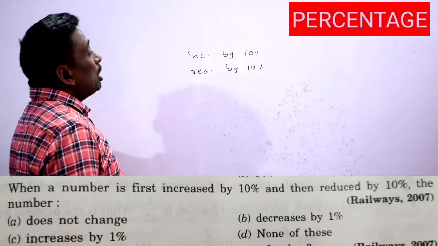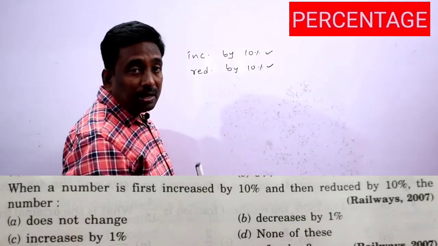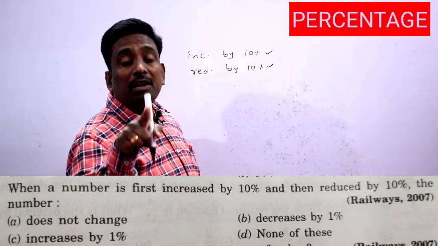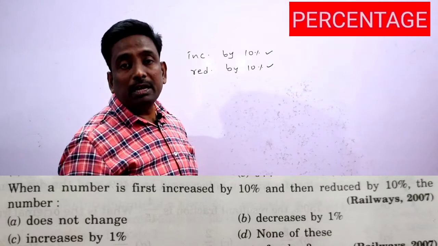Here, if you observe, it is a similar problem compared to the previous one. In that one, it is given that the length of the rectangle is increased by 10% and the breadth is decreased by 10%.